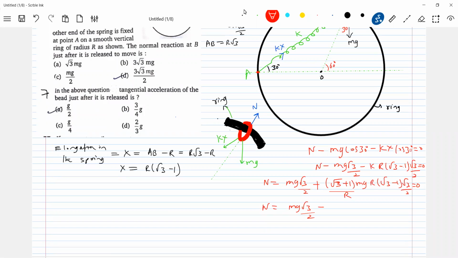So here I'll end up with mg root 3 plus 1, root 3 minus 1, root 3. So this will be 2. So this will become root 3. 3 root 3 mg by 2. This is the normal contact. Is it okay? Fine. So this will be our answer.